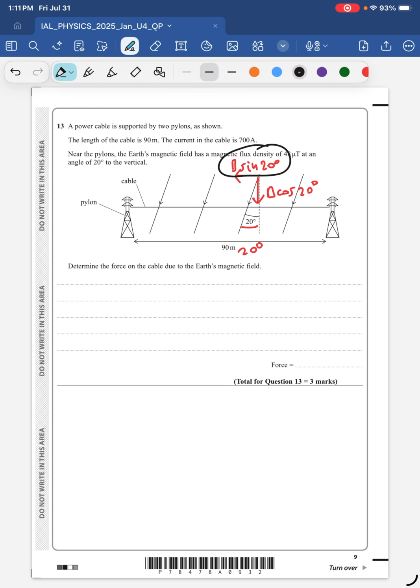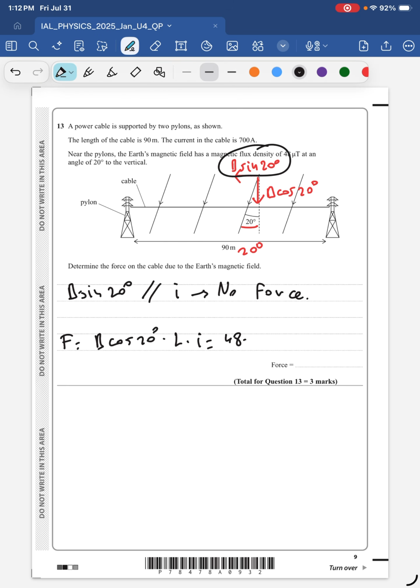Okay, so only the component that is perpendicular to the current experiences a force. So let's write that down. B sine 20 degrees is parallel. That symbol means parallel to current. So no force. Okay, so F is B I L, but B is B cosine 20 degrees, times the length times the current.